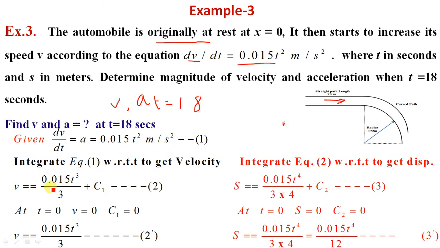Now first find out the velocity. How to find out the velocity? From the equation of acceleration, integrating this equation, what you will get after integrating is 0.015 t cube by 3 plus c1.